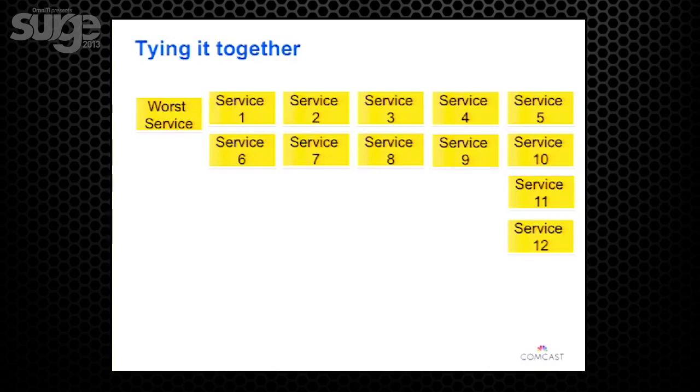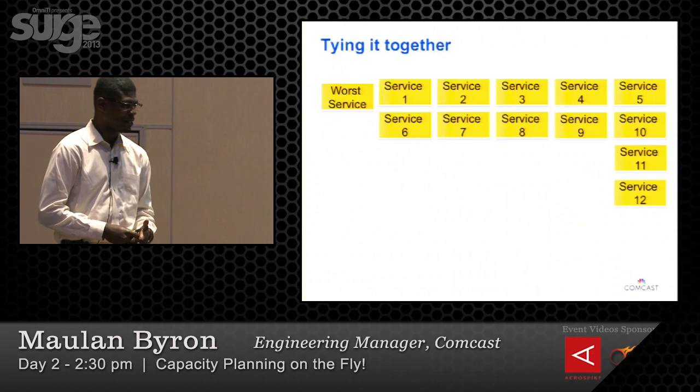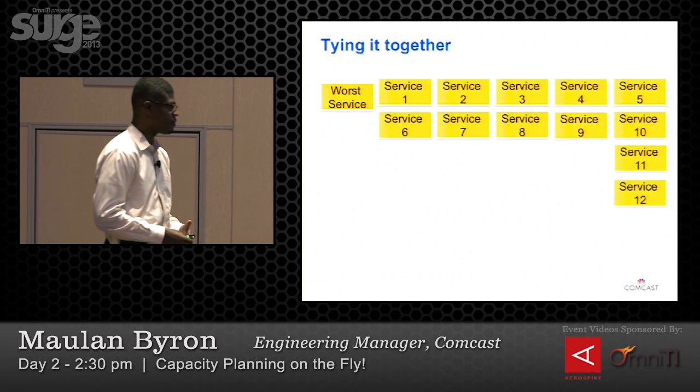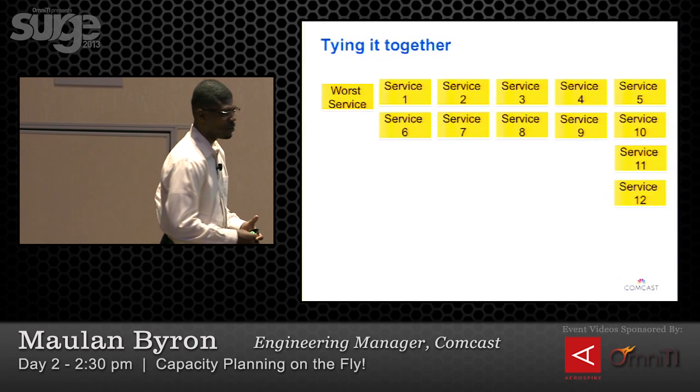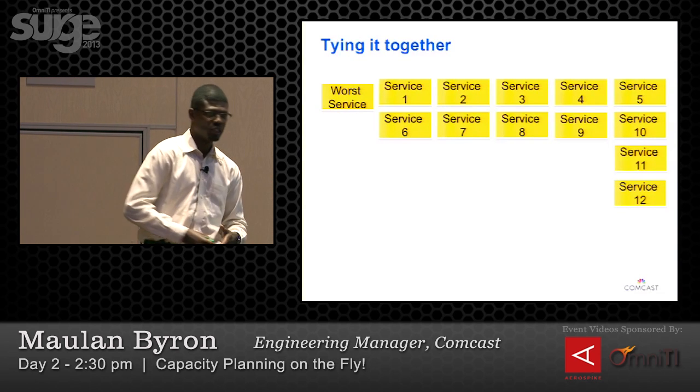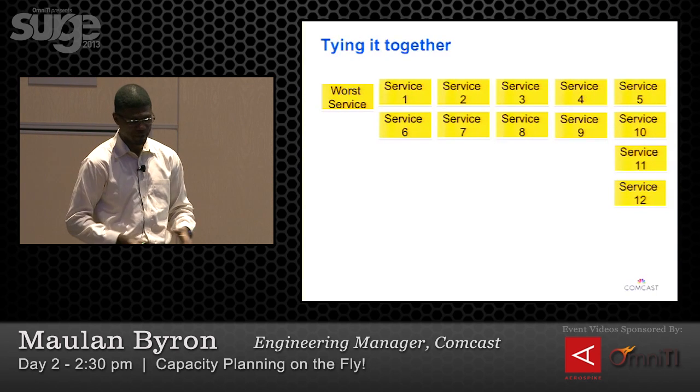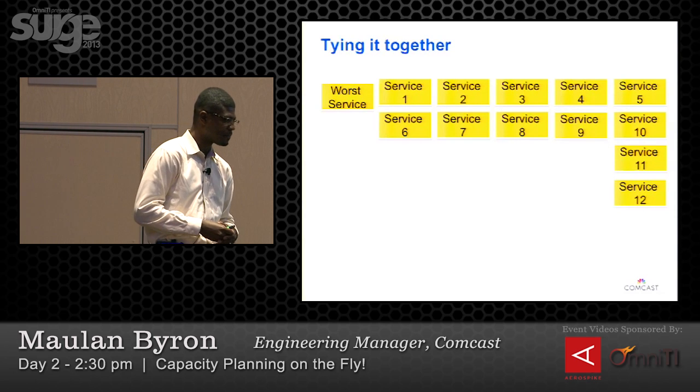So, how do you tie all of this together? You've now figured out how application 1 does, you've figured out the way application 2 works, you figured out application 3, you know application 4 needs 200 nodes, and so on. You've figured all of that out.